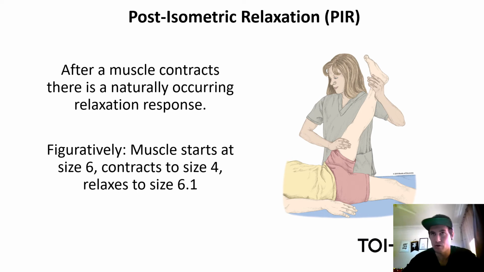You might have also heard of PNF stretching, proprioceptive neuromuscular facilitation, I think it's called. It's a similar kind of idea where you put a muscle at stretch at an end range of motion, and then you get the person to contract in that end range, and then once they relax, that agonist muscle goes into a greater relaxed state, and you can actually get more flexibility out of that muscle.